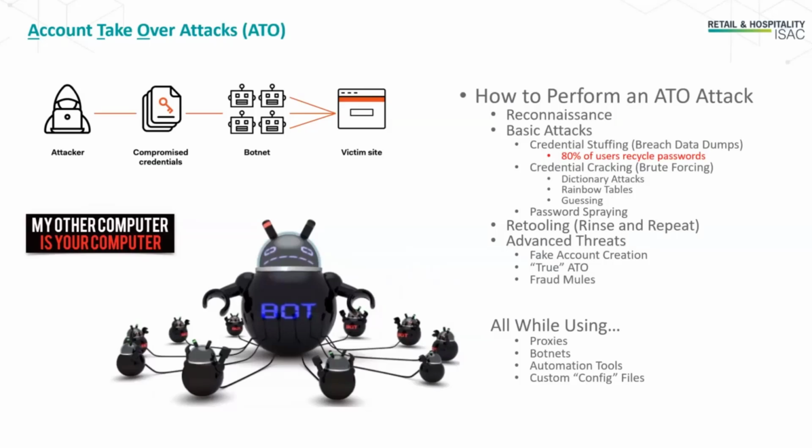You could probably get through maybe 20 or 50 in an hour. So ATO is almost always synonymous with what we call a botnet or a bot attack. They very frequently call these bot attacks. The two are tied together because of a progression over the years in how ATO is kicked off.